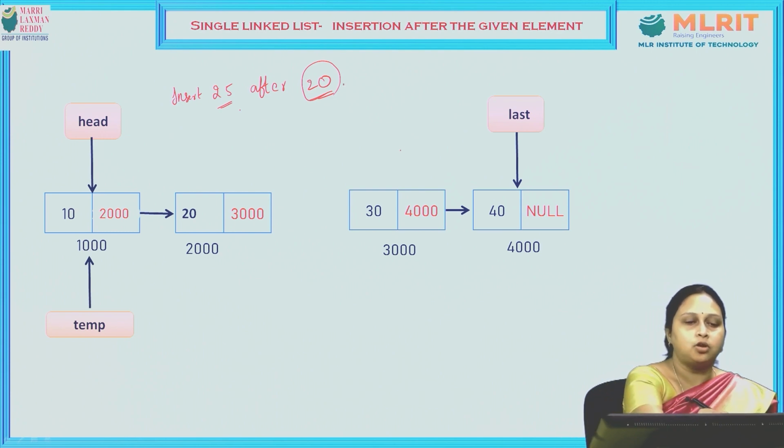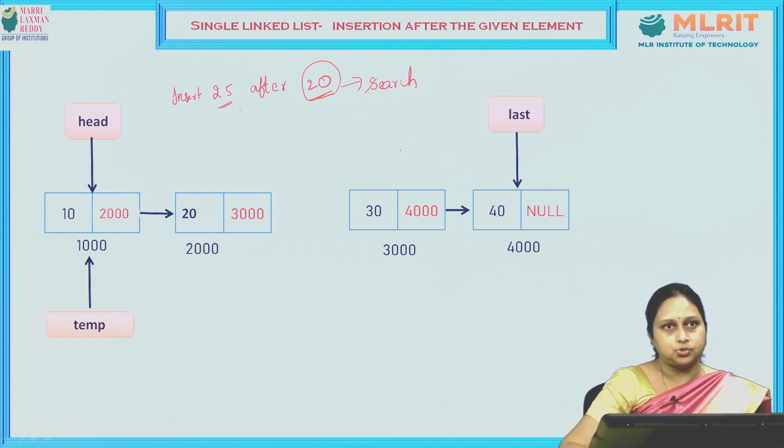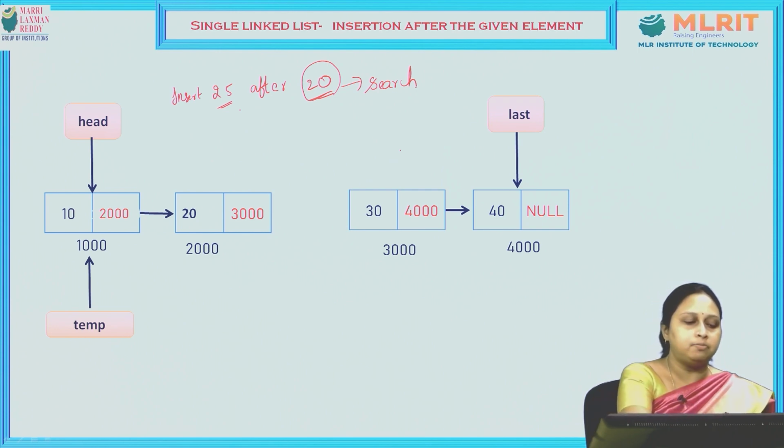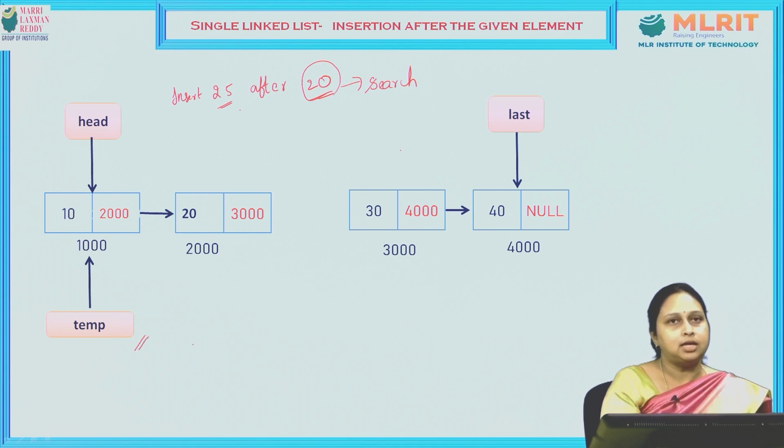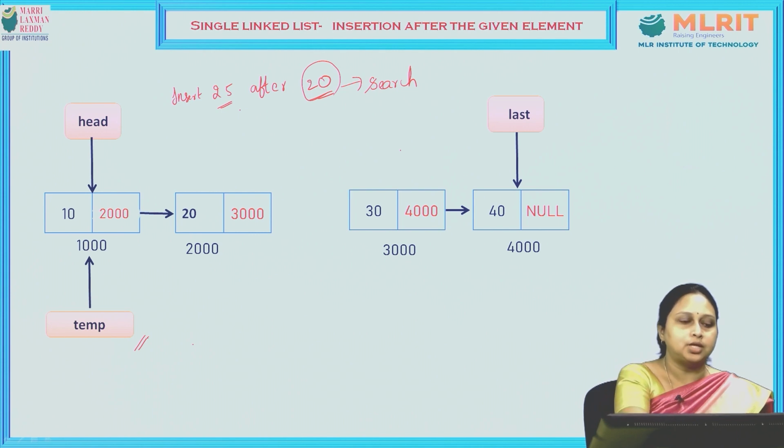First, for that we need to search the element in the single linked list. For searching the element, we are going to use a temporary variable that is going to move between head and the last. Now I am going to search whether the element is present in the list or not.